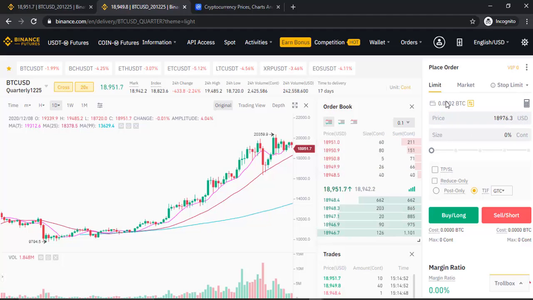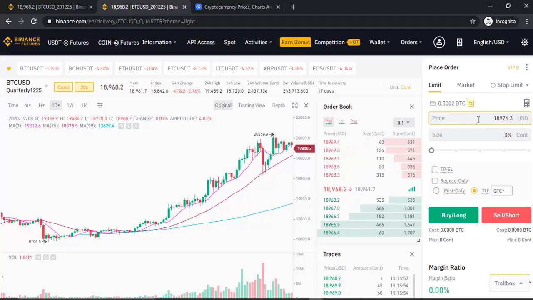When you are on the limit order, you are a market maker, while on the market order you are a market taker. When you are using a limit order, it reduces the fee you are going to pay. But if you are buying with a market order, you are paying higher fees than usual.